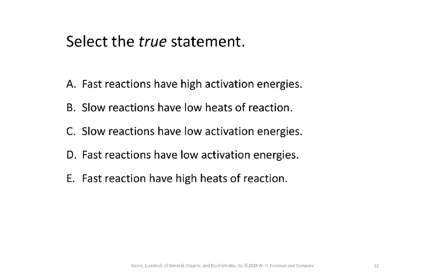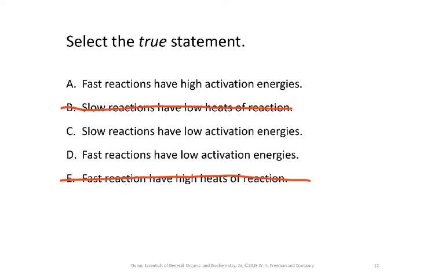Another question. Select the true statement. Go ahead and read these for yourself. Pause it and answer. Okay, so it's about the rate of reactions, and we know that reaction rate is not dependent on delta H. Then it's just finding the correct combination here.